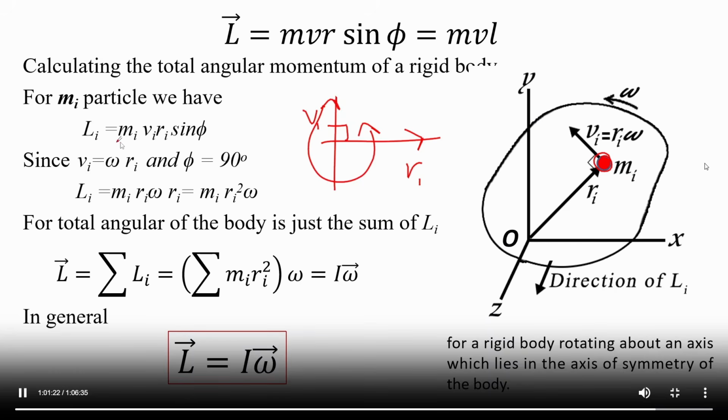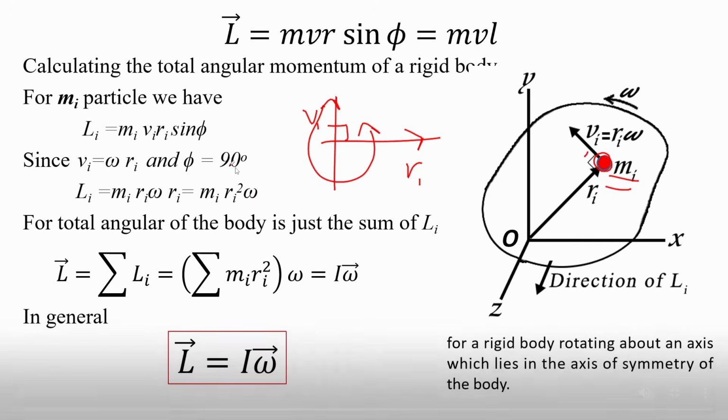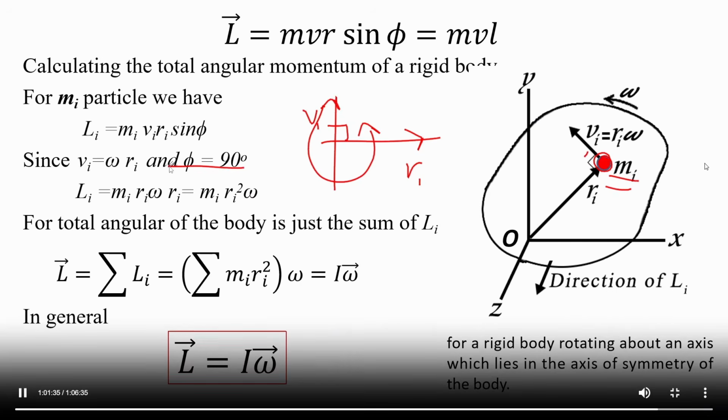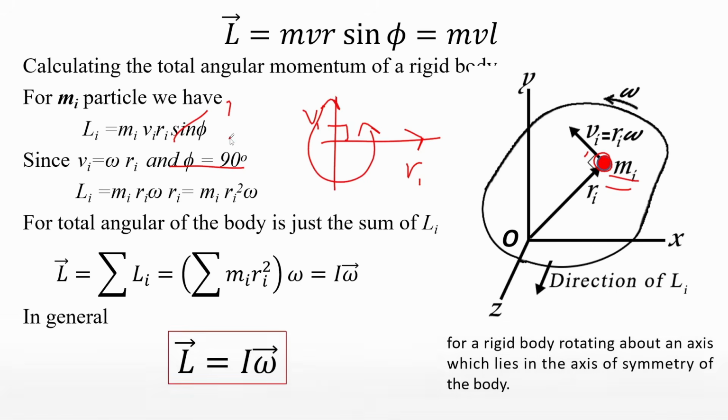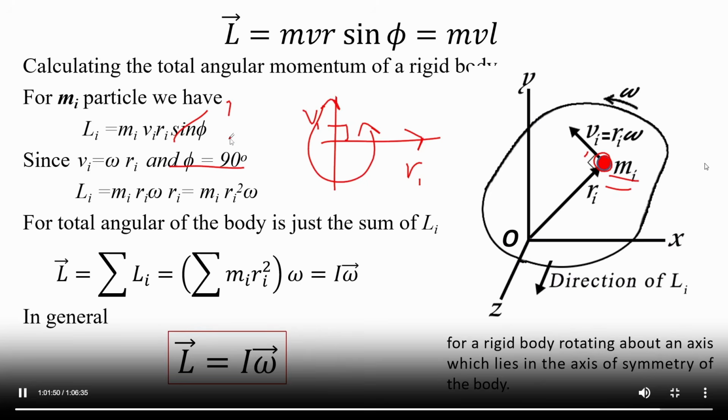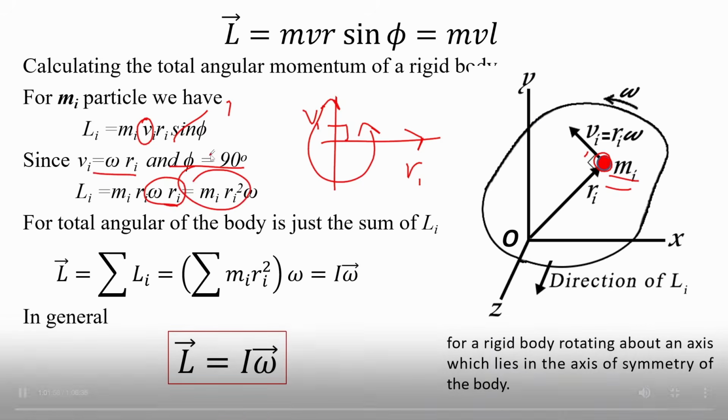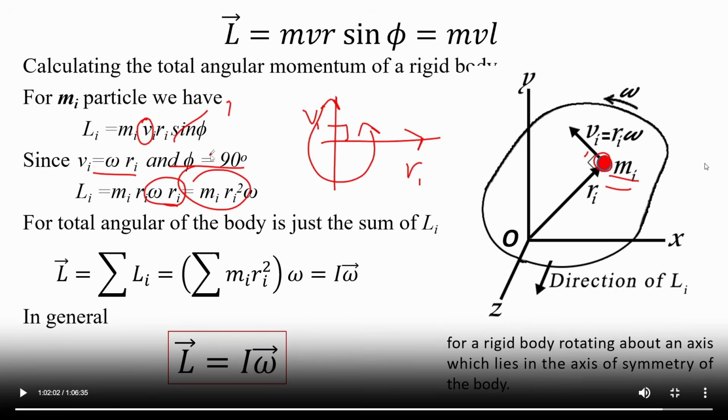So you have L_i equal to m_i v_i r_i for this mass i here. So v_i is omega r_i, and phi is of course 90 degrees, so sine 90 gives you 1. So L_i is equal to m_i r_i omega r_i, because v_i is omega r_i.